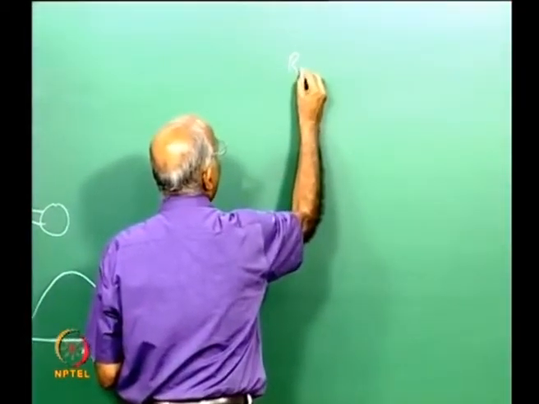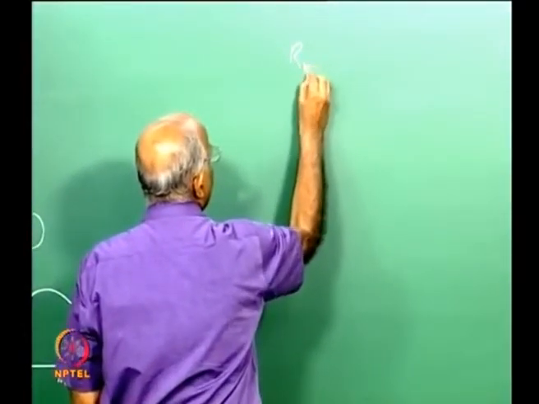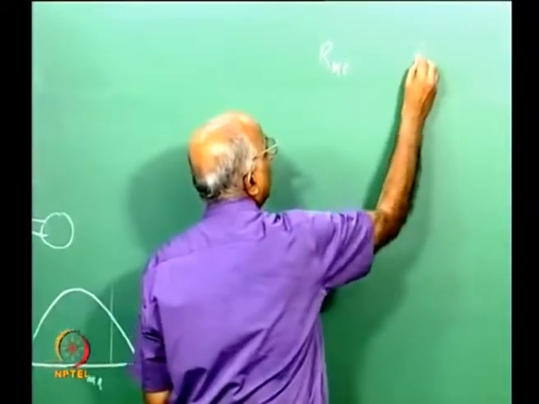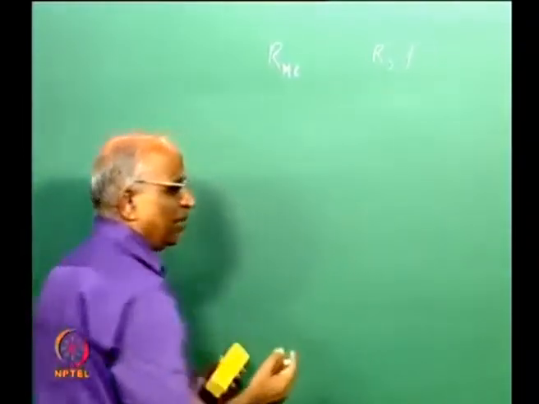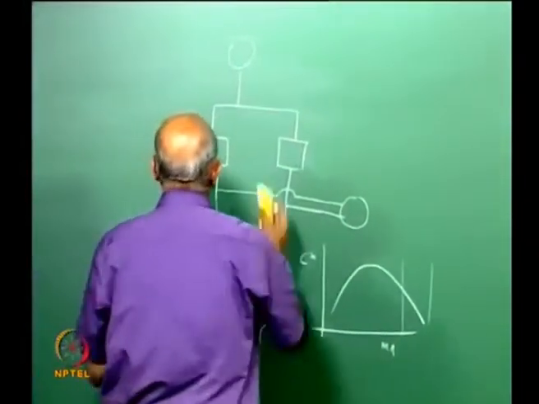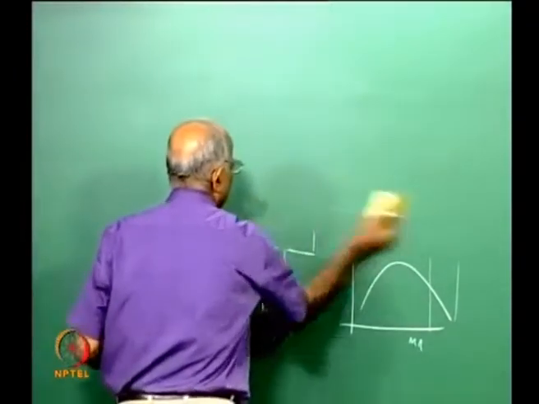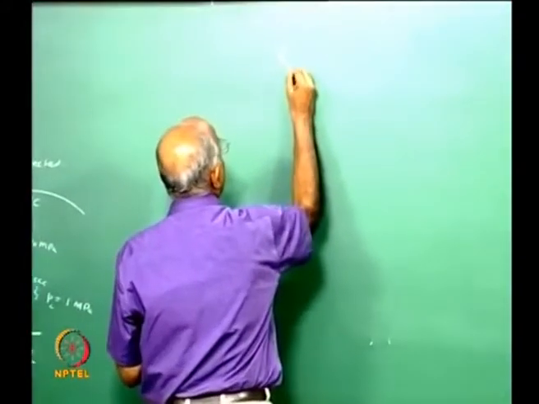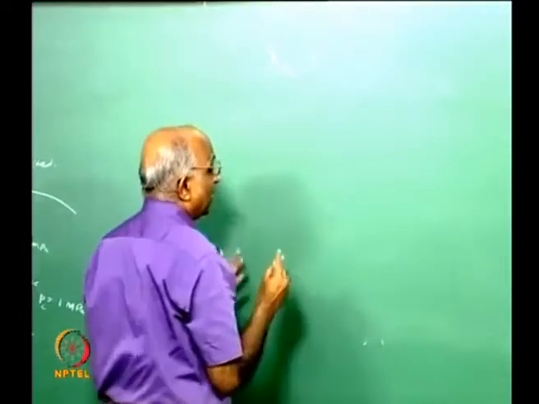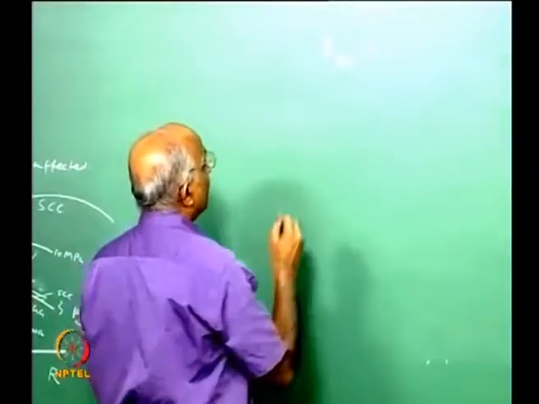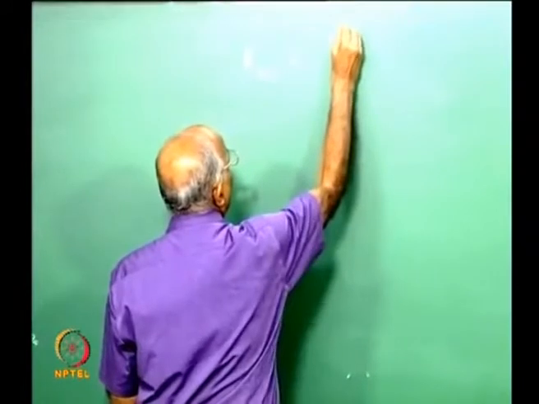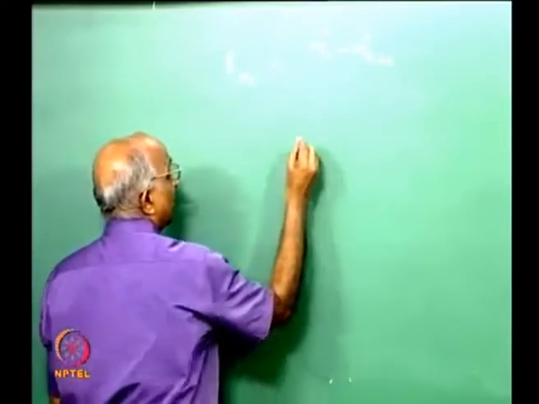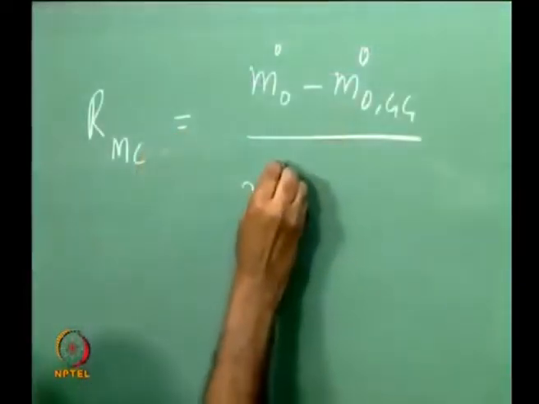What will be the value of the mixture ratio in the main thrust chamber, as a function of R and F? It is quite simple to do. Let us quickly do it on the board. The value of mixture ratio in the main chamber is equal to, let us picture this gas generator in our minds, R_MC is equal to m dot O minus m dot O which has bypassed into the gas generator, which is not available in the main chamber, divided by m dot H minus m dot H into the Gg.